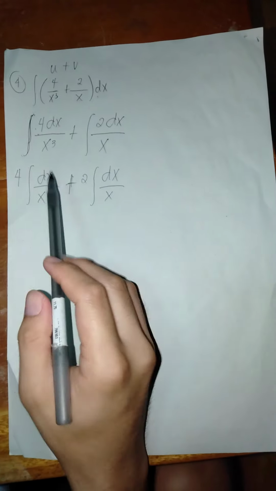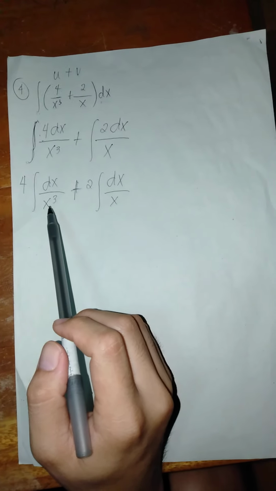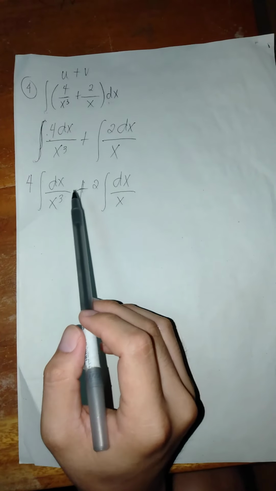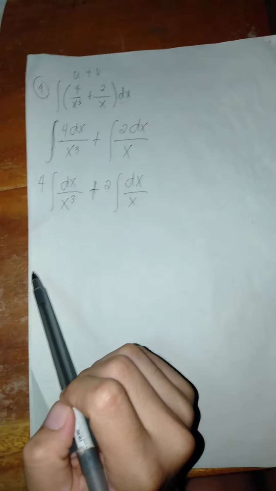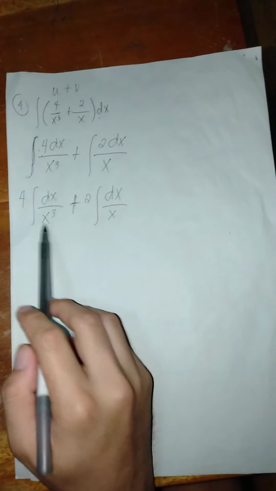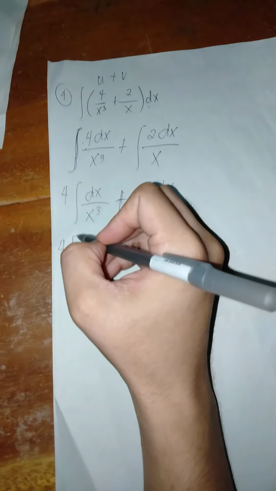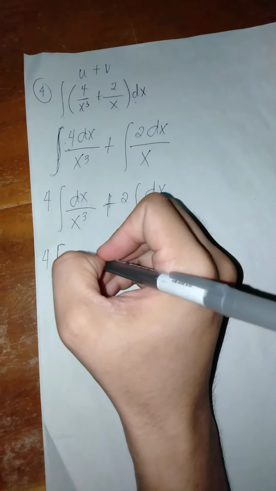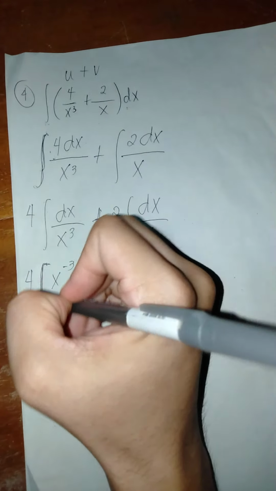Meron pa tayong direct formula for this one. Dx over x cube, dun sa basic integration, di ba wala? So, paano natin ma-apply yung power formula ngayon dito? Simple lang. Inverse mo siya, so pwede mong itaas yan. So, x negative 3, di ba?